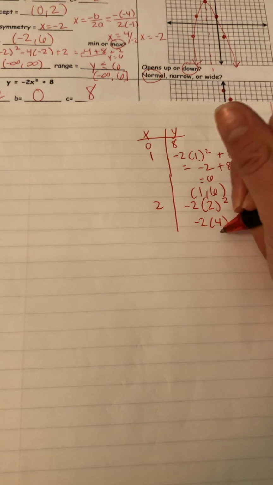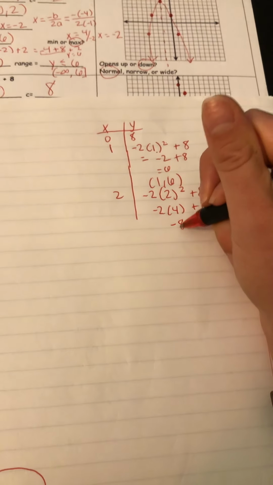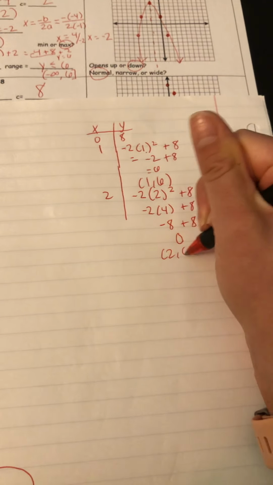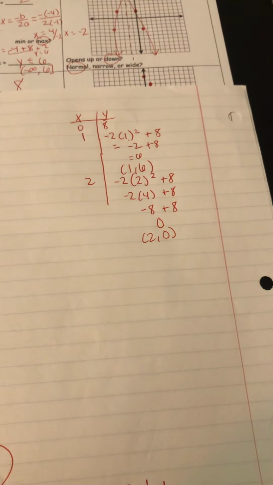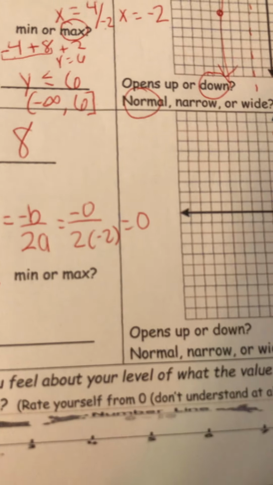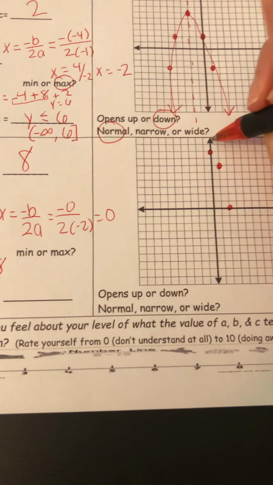Negative 2 times 4, negative 8. Negative 8 plus 8 is 0. So I have a point at 2, 0. And I know my axis of symmetry is the vertex.